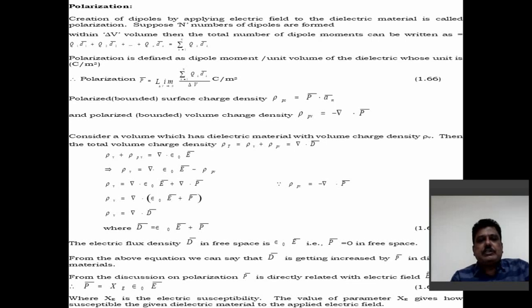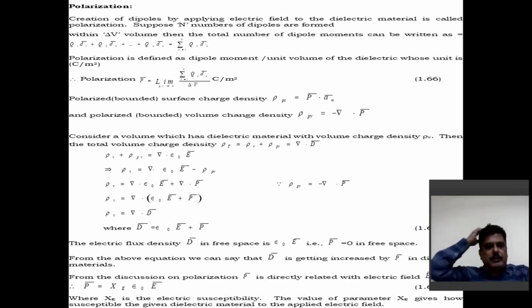The electric flux density D bar in free space is epsilon naught E bar, that is P bar equal to 0 in free space. From the above equation, we can say that D bar is increased by P bar in dielectric material. From the discussion on polarization, P bar is directly related to the electric field E bar.